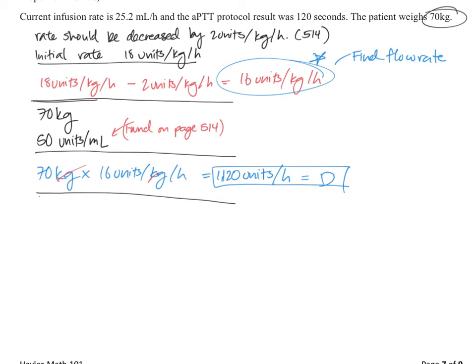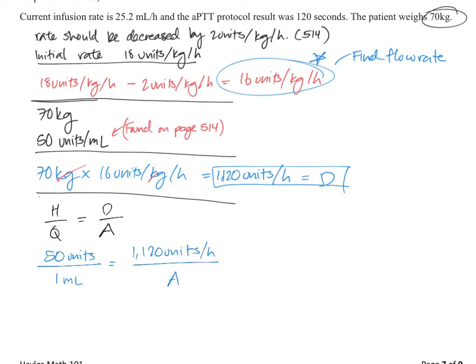Calculating the flow rate, we're going to set up our proportion, which remember is H over Q equals D over A. The dose on hand we have is the 50 units, all over the Q value, which is 1 milliliter, equal to the desired dose, 1,120 units per hour, all over A, which is what we're trying to find.